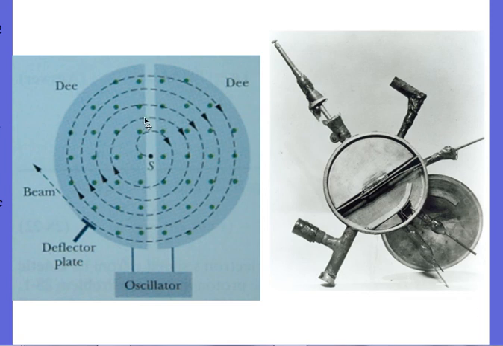And by the time it gets to here, I have changed this to be the high potential, so it gets accelerated there. It keeps going around, going faster and faster, but the rate at which I change which one of these is positive and which one is negative stays the same as it goes out and out. And so that electron gets accelerated up to a very high rate of speed, and then I deflect it and bring it out.